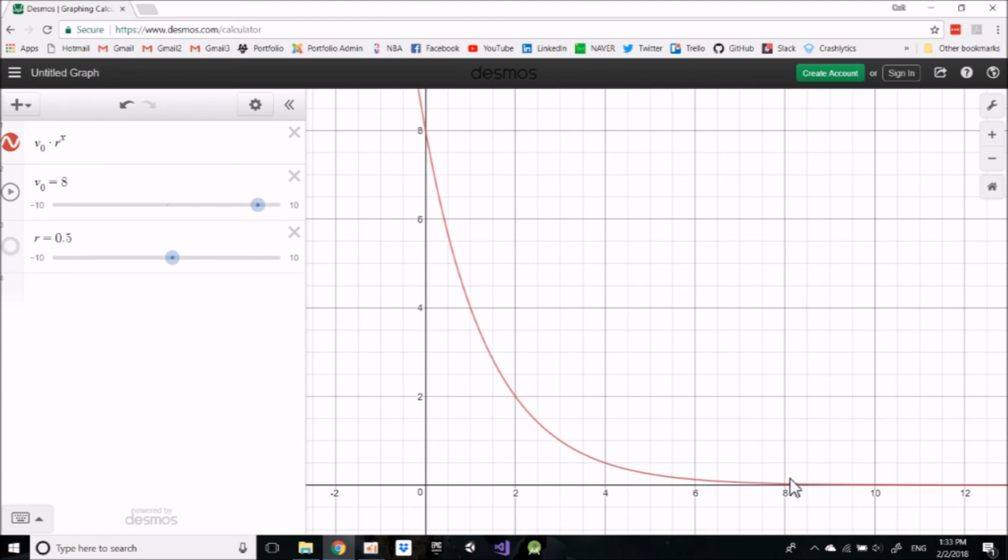And as expected, the velocity at each second matches our example series: 4, 2, 1, and 0.5.